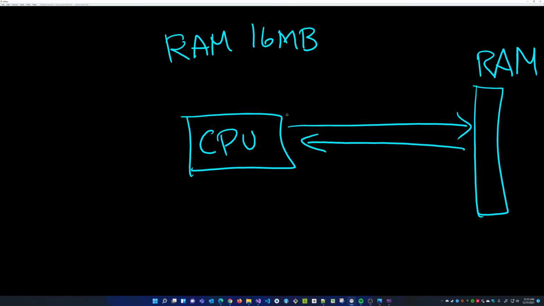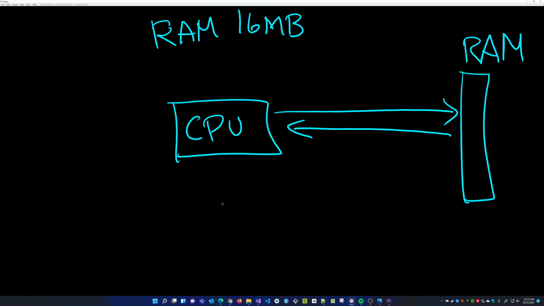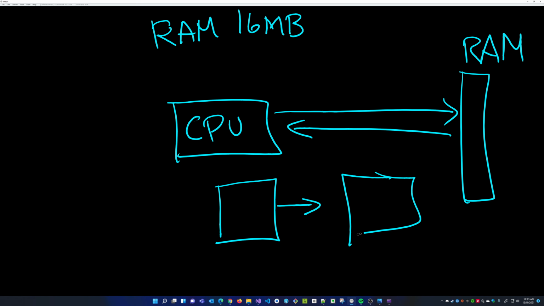But instead of allowing you to access memory or RAM directly, when you open an application or program an application, the operating system will create virtual RAM for you, or virtual memory.